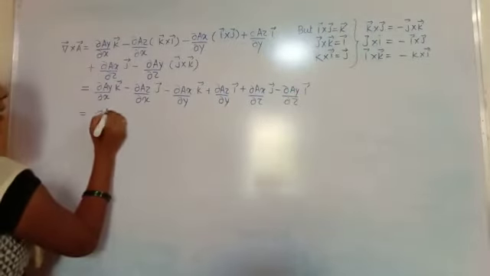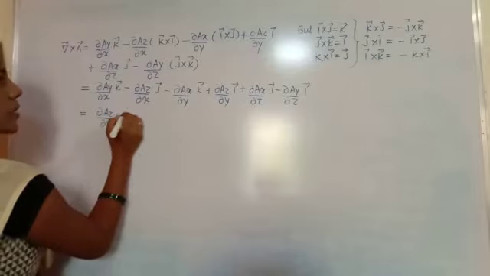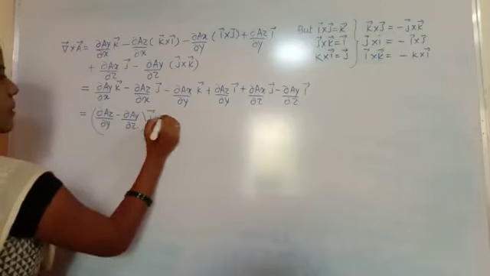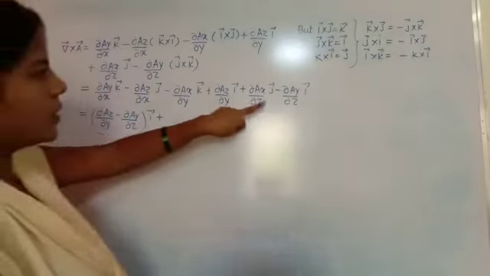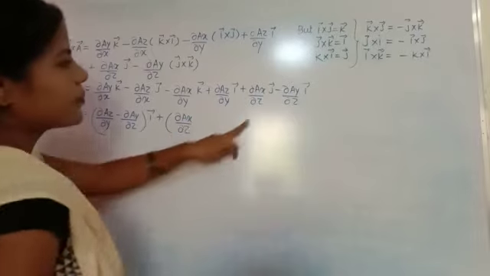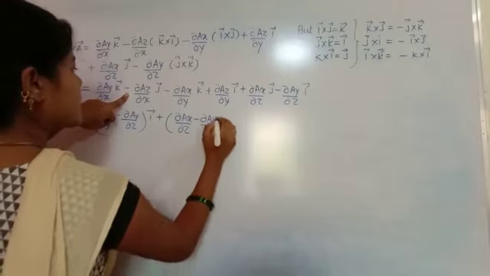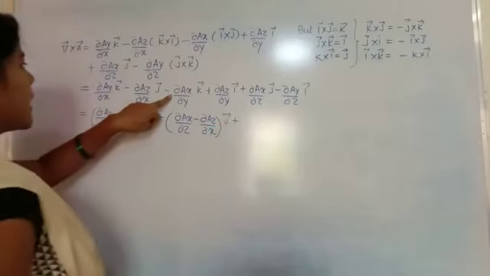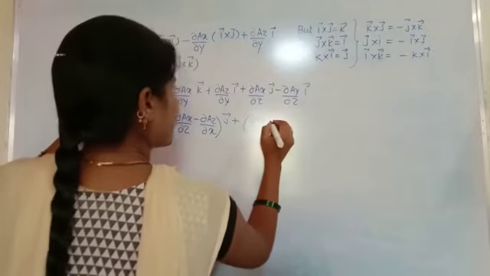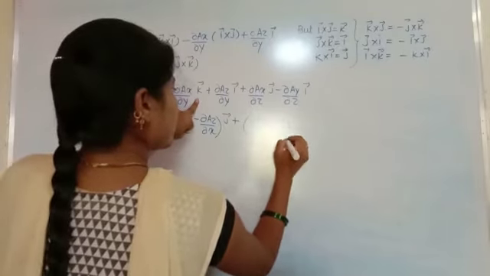So we get del Az by del y minus del Ay by del z of vector i, plus the vector j term, that is del Ax by del z minus del Az by del x of j, and the last is the k term, that is del Ay by del x minus del Ax by del y of k.